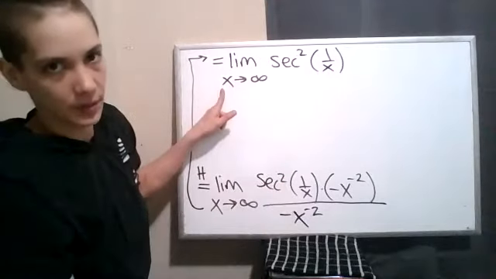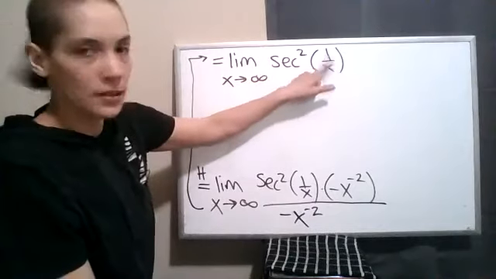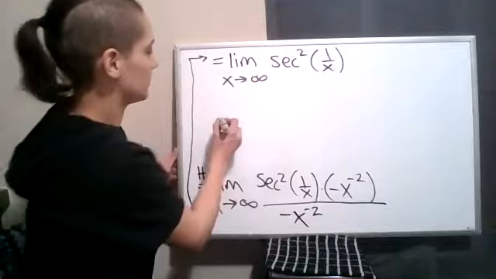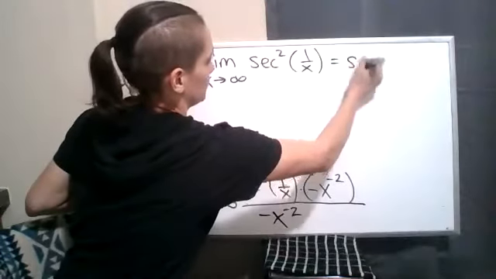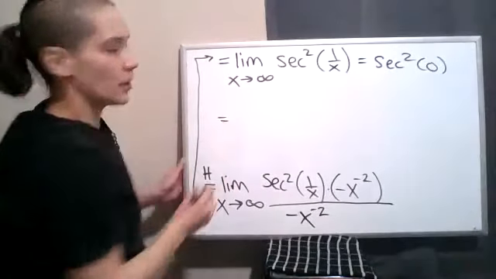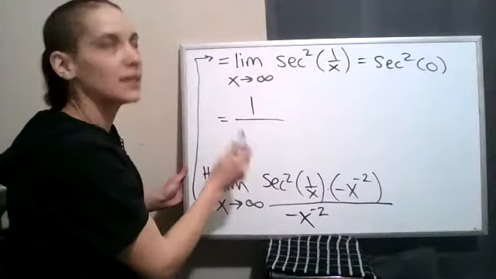Okay, let's take a limit. So x is going to infinity, which makes this go to 0, and we have secant squared of 0. Secant is 1 over cosine, I'm just more familiar with cosine.